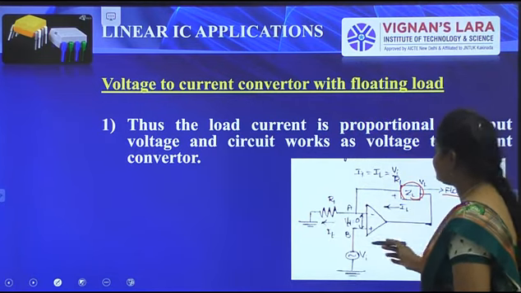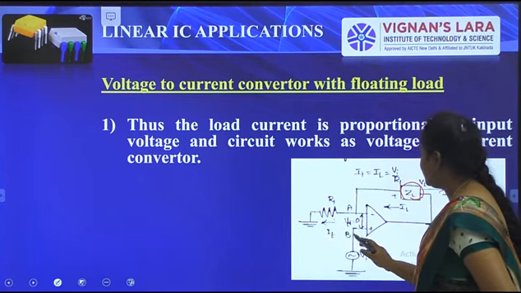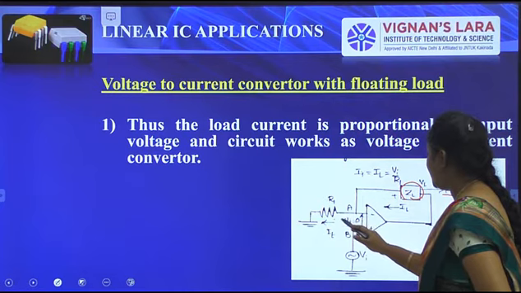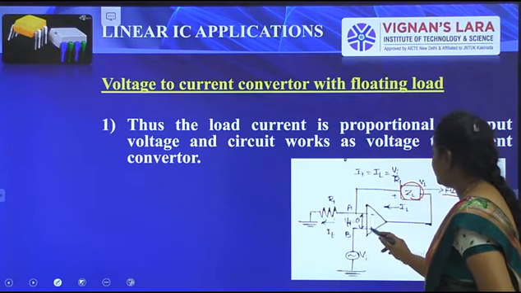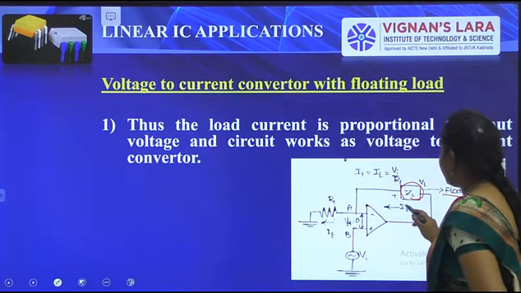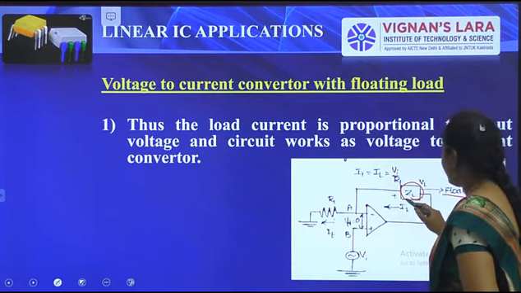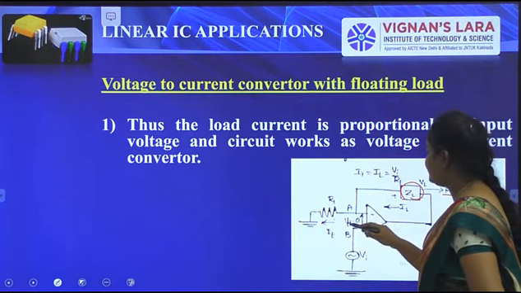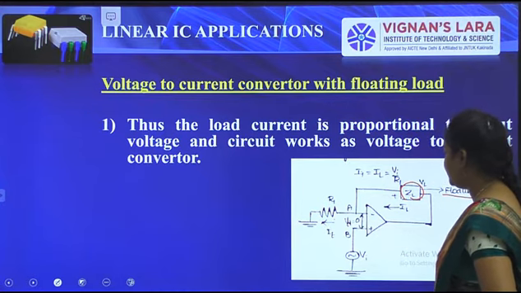We have the inverting terminal and the non-inverting terminal. In the inverting terminal we apply the resistor R1, and the non-inverting terminal is given to the source. IL is the load current at the floating load, AB is the node, and VD is the difference between the two input voltages.